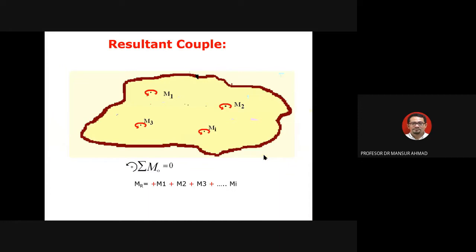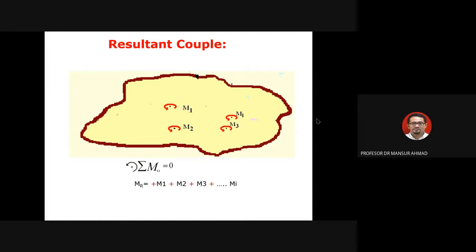Okay, let me proceed. This is the same one. I'm just going to move it around. So the first position here, this particular position, moment 1, moment 2, moment 3, moment I. Kalau saya ubah ke mana-mana pun on the surface, anywhere on the surface, the resultant moment couple is the same.